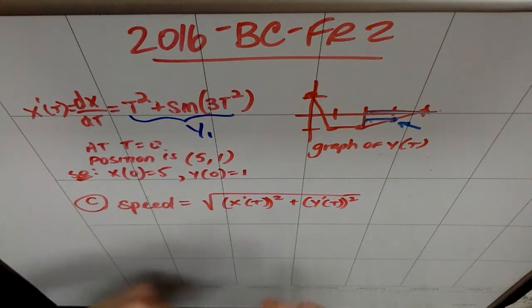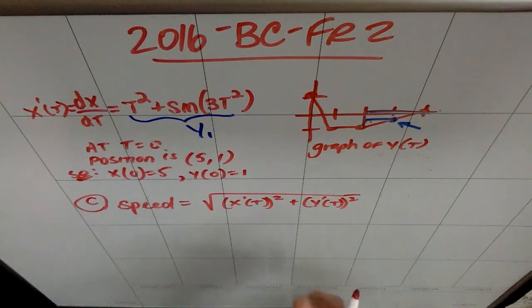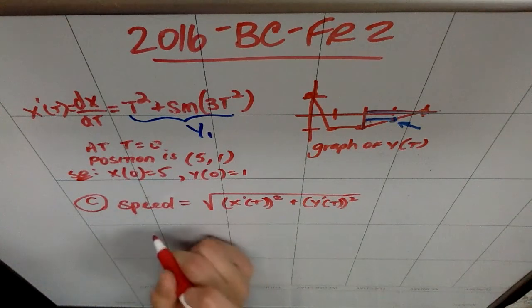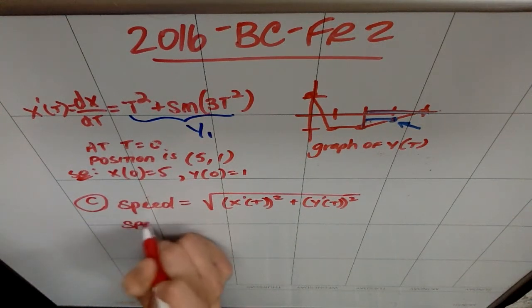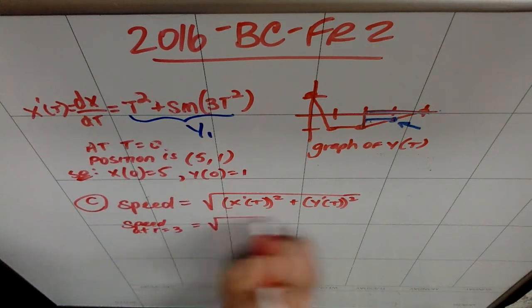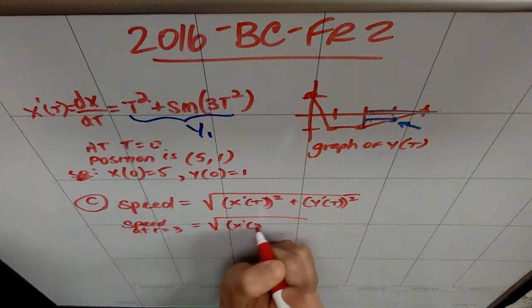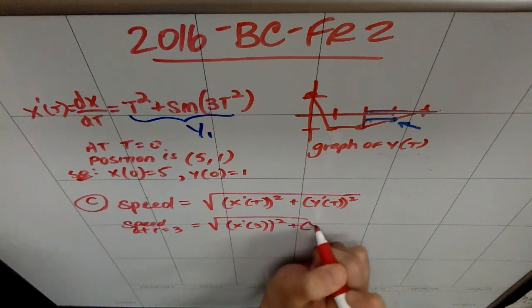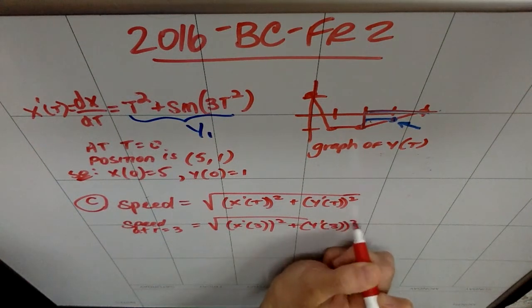Essentially, it's sort of like the hypotenuse of the velocity directions. Anyway, so that's my speed in general. So what I want is the speed at t equals 3, which is going to be the square root of x prime of 3 quantity squared plus y prime of 3 quantity squared, right?